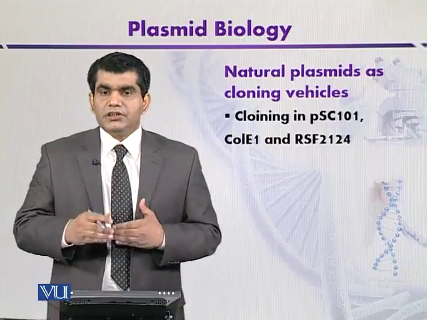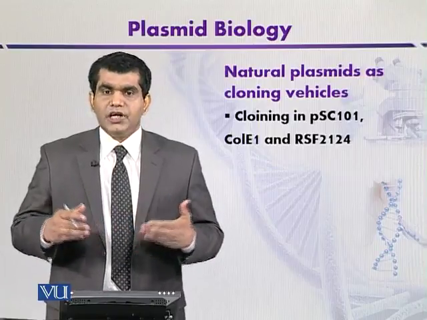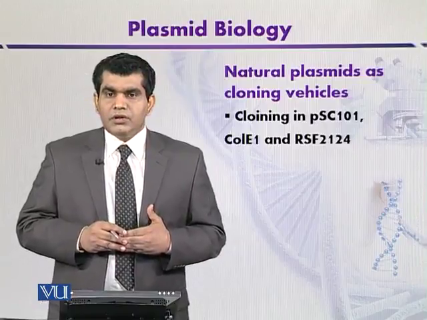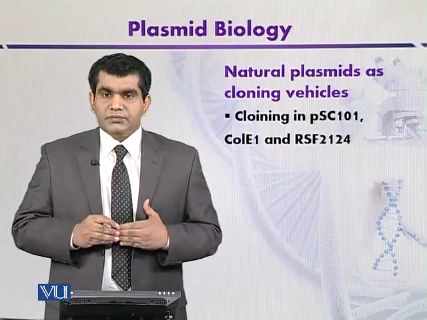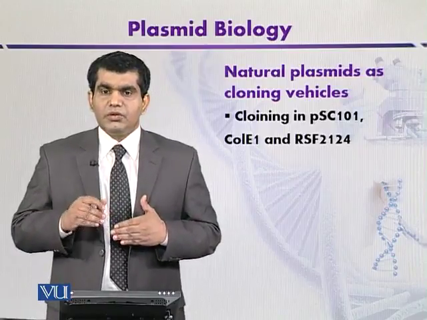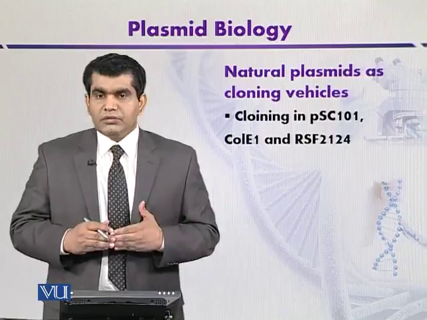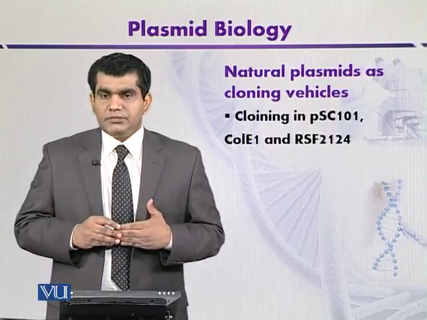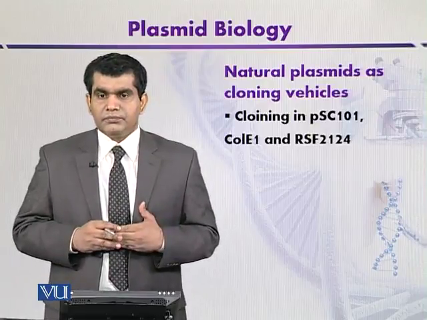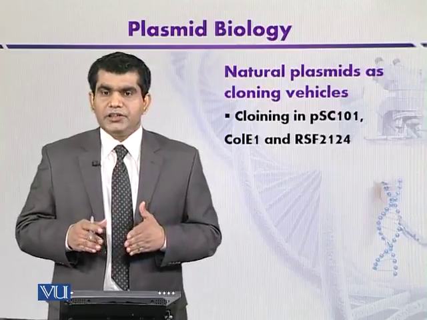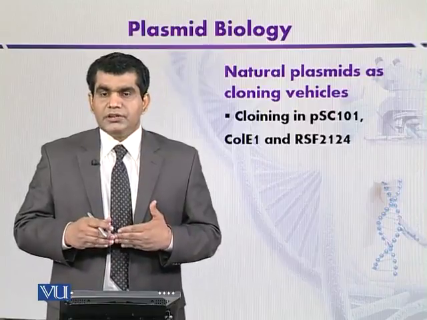The reason is that it contains an additional transposon that mediates resistance against ampicillin. Again, suppose the foreign DNA is inserted within the gene that encodes colicin E1 production. After insertion, the gene becomes inactivated and the cell becomes sensitive to colicin E1, and the transformants are then selected on the basis of another selectable marker, that is resistance against ampicillin.